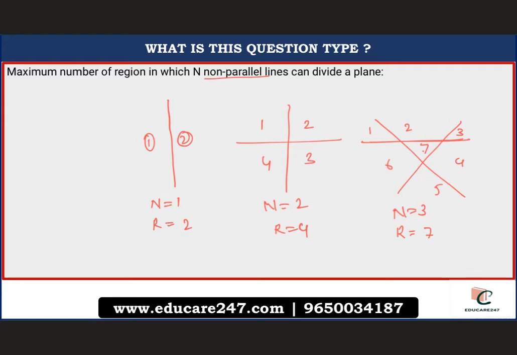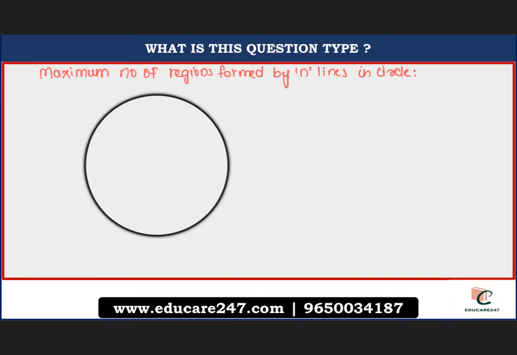Now let's move ahead and see how we can deduce a proper pattern. Let's suppose we have this circle, with the maximum number of regions formed by n lines in a circle. I'll create a table over here with a column for the number of lines, a column for regions, and one more column to denote the number of calculations.